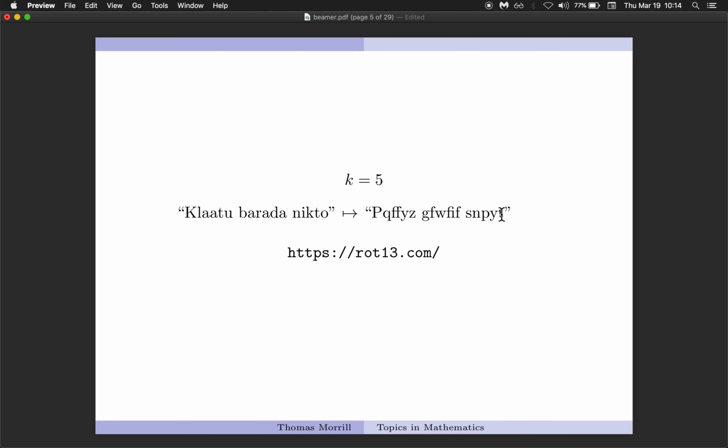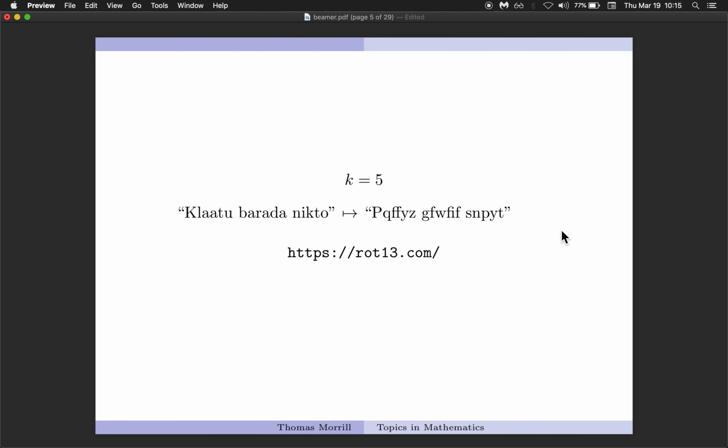So I get this new phrase, and I'm not going to bother pronouncing that. A very simple idea. You can try this out for yourself. There's a website called rot13.com. Feel free to play around with the Caesar cipher. You can encrypt and decrypt any messages you like using that online tool.